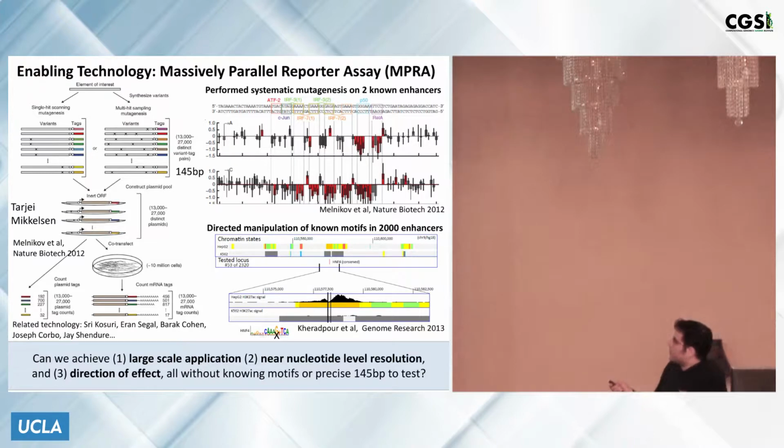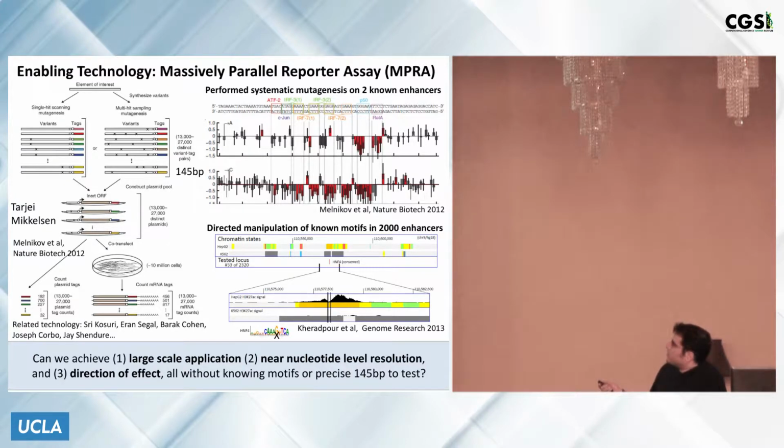In the original application of this technology, Tarjei and his collaborators took two well-known enhancers and did a systematic mutagenesis of each nucleotide, mutating it in each possible way with multiple different barcodes to control for noise.